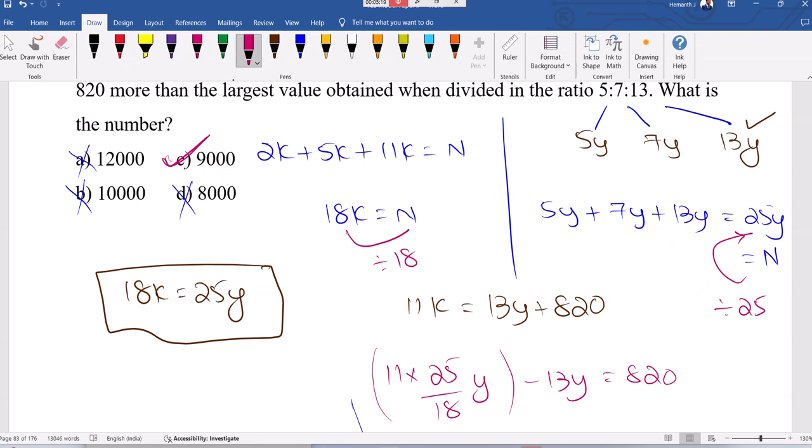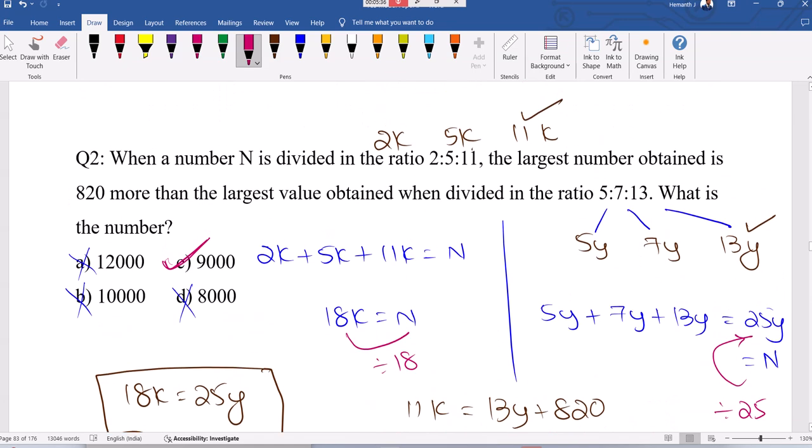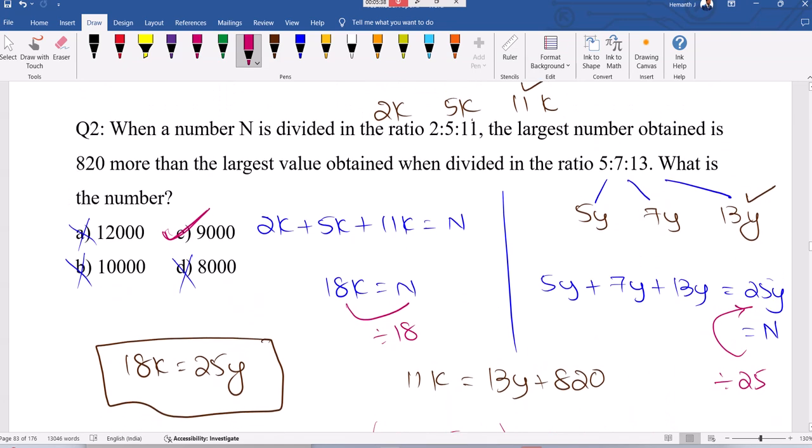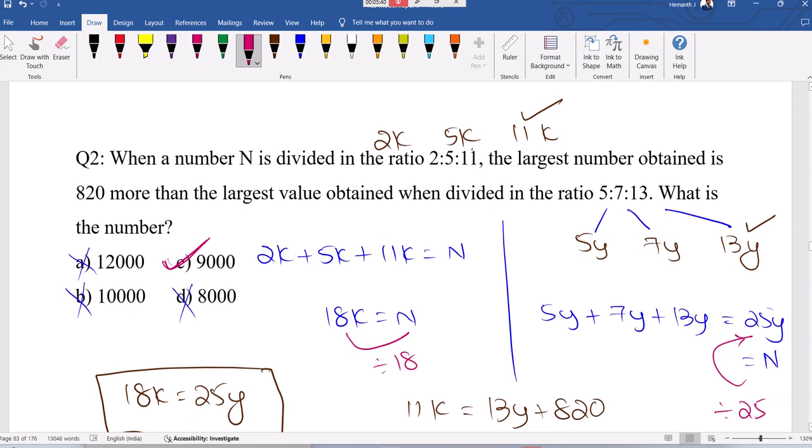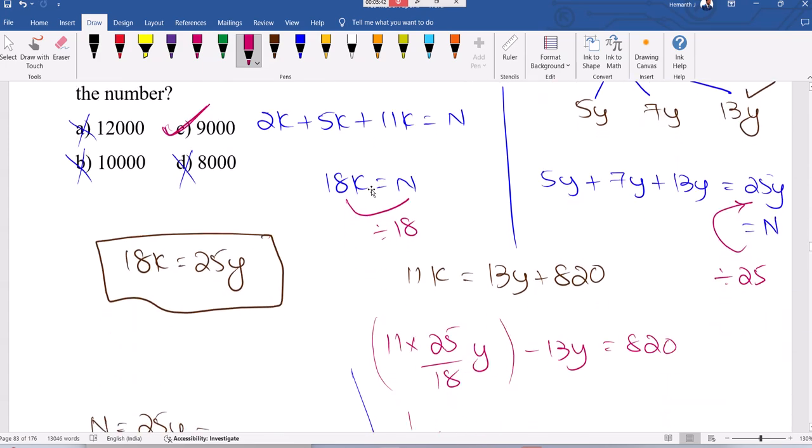The others are not divisible by 450, not divisible by 450, not divisible by 450. This may be 450 into 25. So that's the thought process in my mind, but I confirmed it after solving this. Two questions of this similar model were already discussed. You can see the previous notes, right?